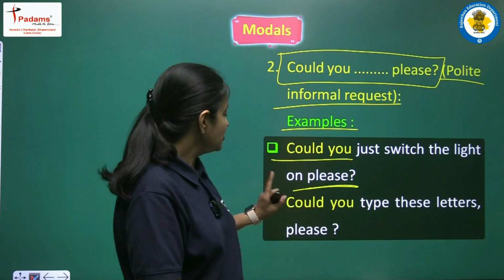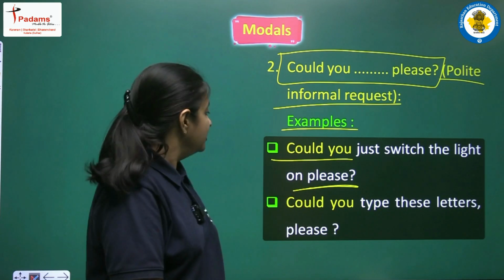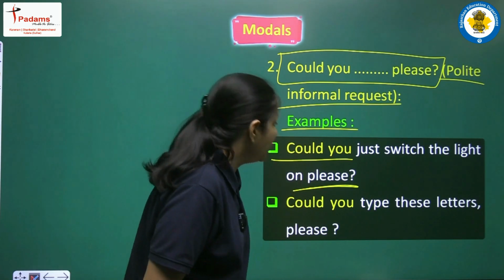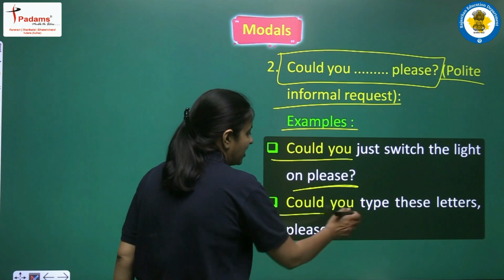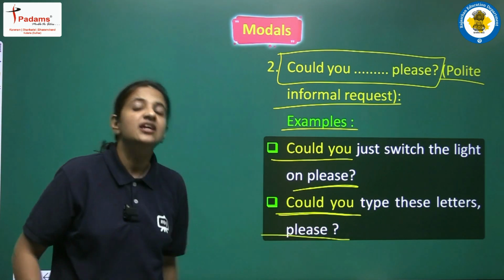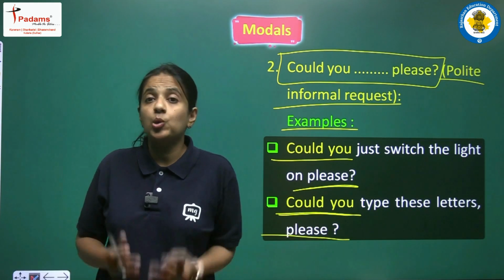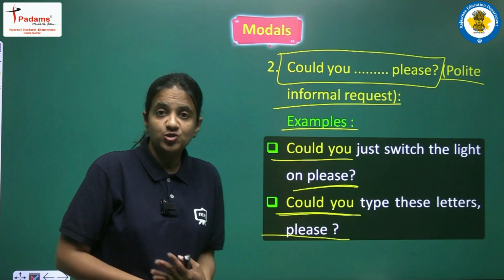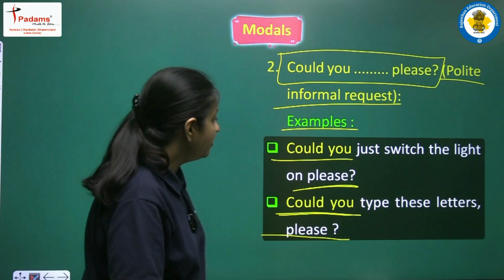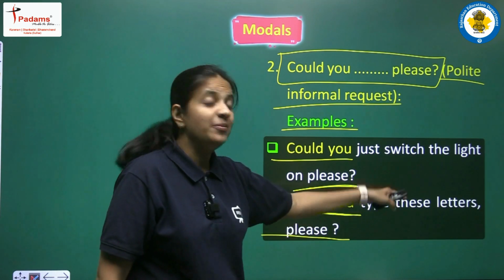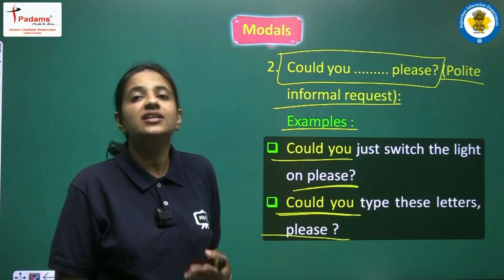Okay. Next, one more example we are having here. The example is, could you type these letters please? Again we are having the structure in which we are having could you, we are having please. So here again we are making one request. We are requesting actually, and we are making a very polite request, to type some letters that we are having with us.